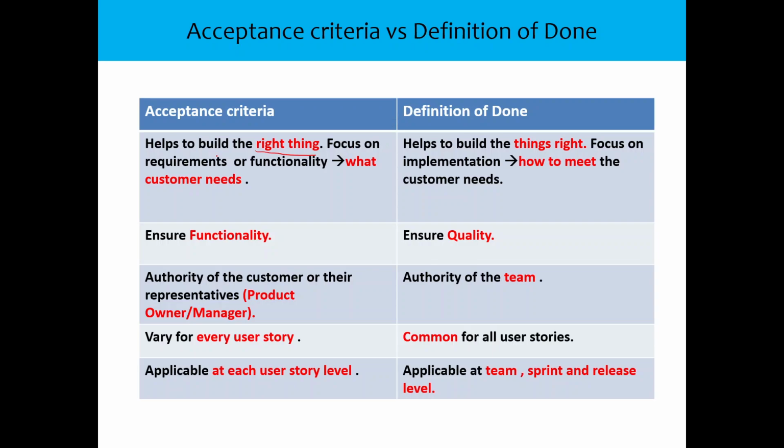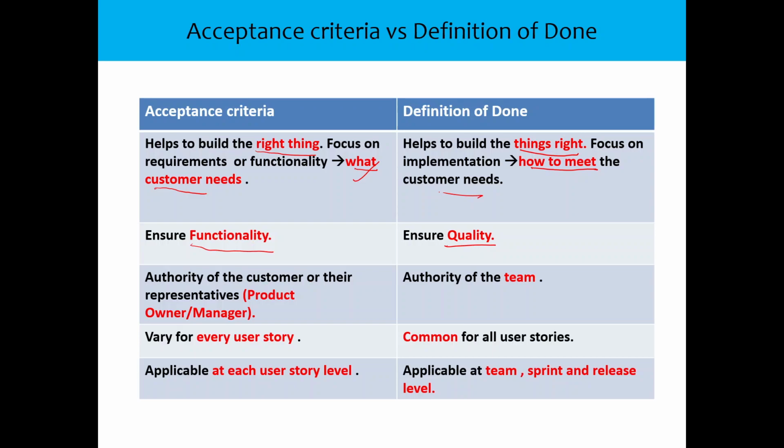Focus on requirements or functionality, what the customer needs, what is important. And definition of done helps to build the thing right. Focus on implementation, how to meet the customer needs. Acceptance criteria ensure functionality. Definition of done ensures quality.